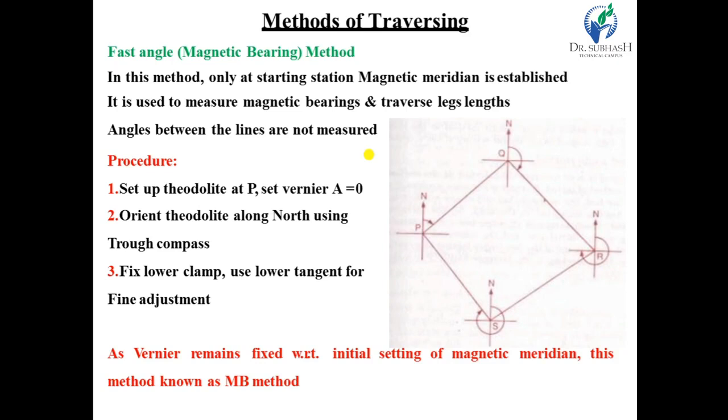First, we set up the theodolite at P and set vernier A to 0. Orient the theodolite along north using the trough compass. Fix the lower clamp, then use the lower tangent for fine adjustment. As the vernier remains fixed with respect to the initial setting of the magnetic meridian, this method is also known as the magnetic bearing method.